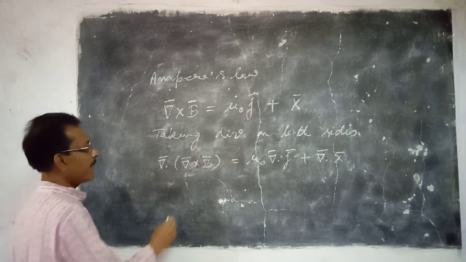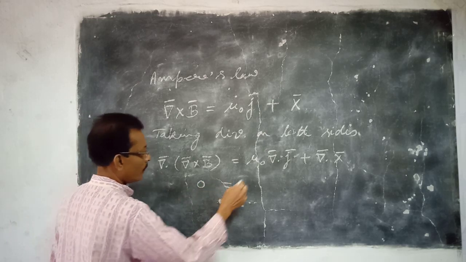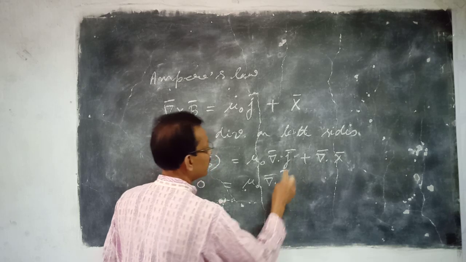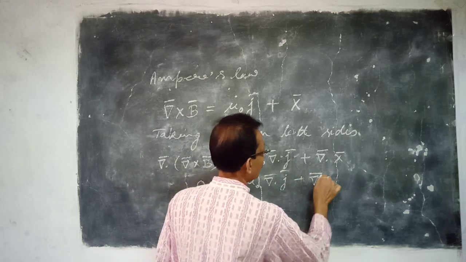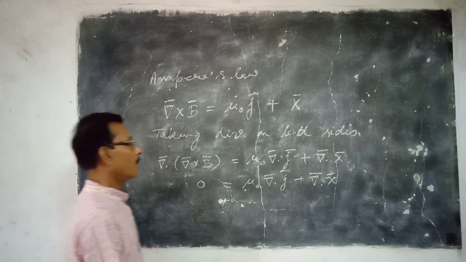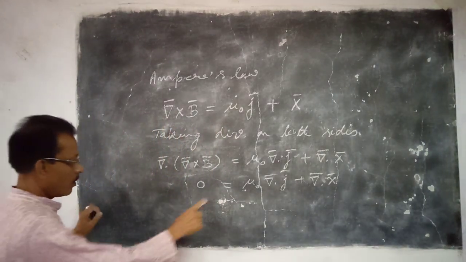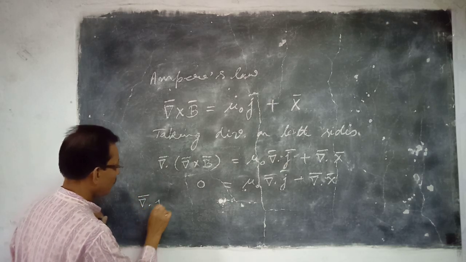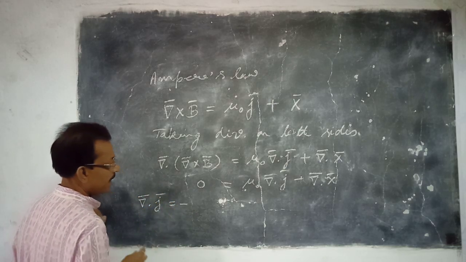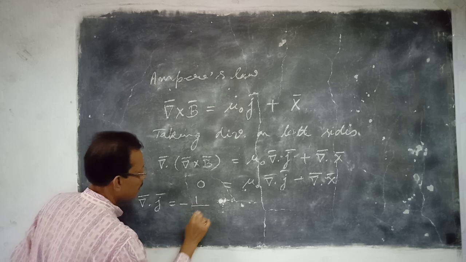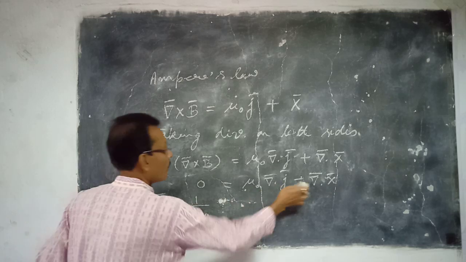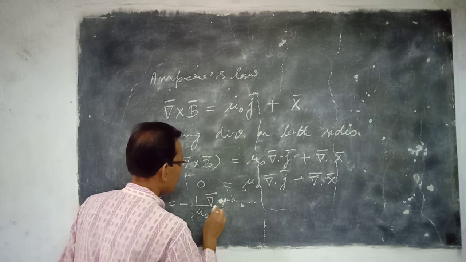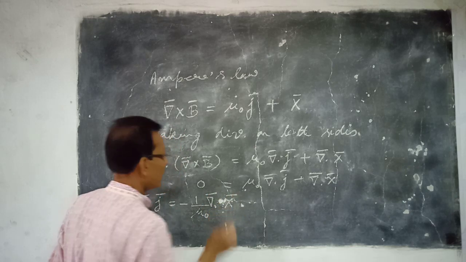This side is 0, so mu 0 divergence of J plus divergence of x is 0, so divergence of J is equal to minus 1 by mu 0 divergence of x.